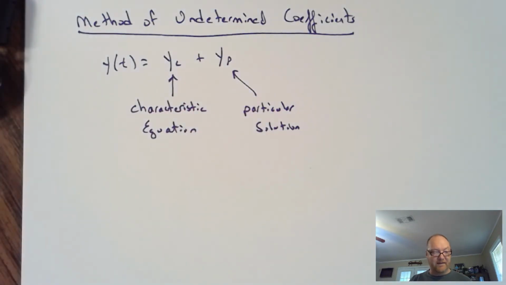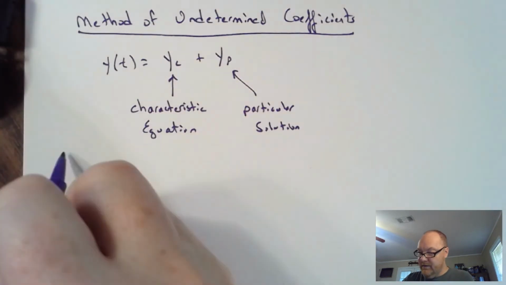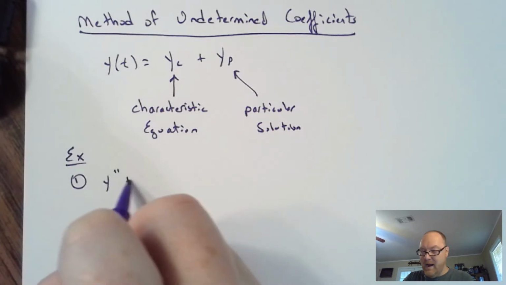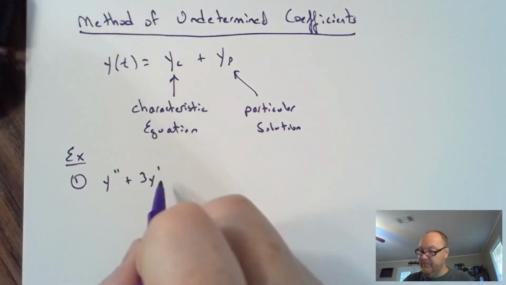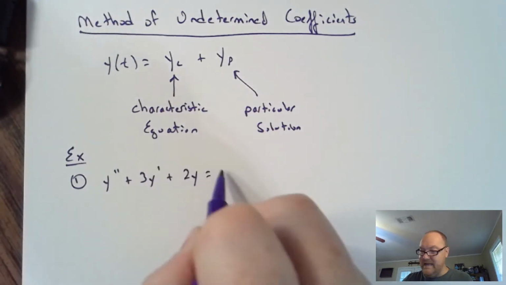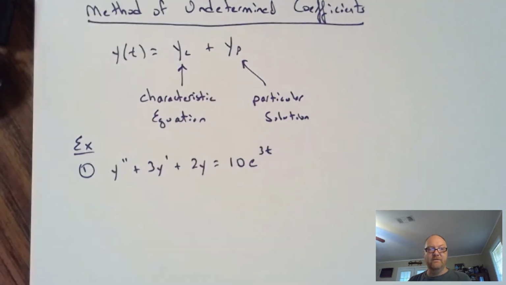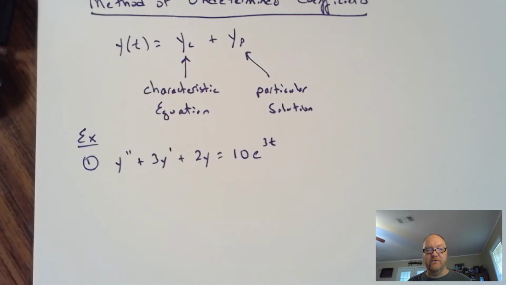So with that in mind, let's look at a couple of examples. Number one says y double prime plus 3y prime plus 2y equal to 10e to the 3t power. So the first thing that I'm going to do is to find the solution to the homogeneous case.